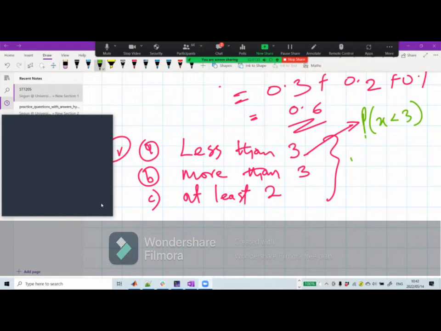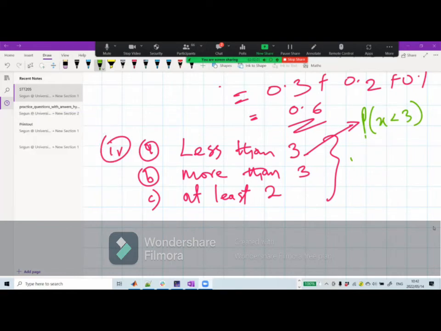When it's less than 3, we have 2 ways of solving it. Probability of S equals 1 plus probability of S equals 2, or 1 minus probability of S greater than or equal to 3. You can use either.